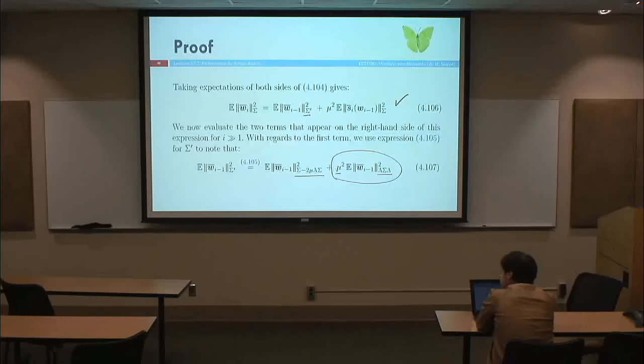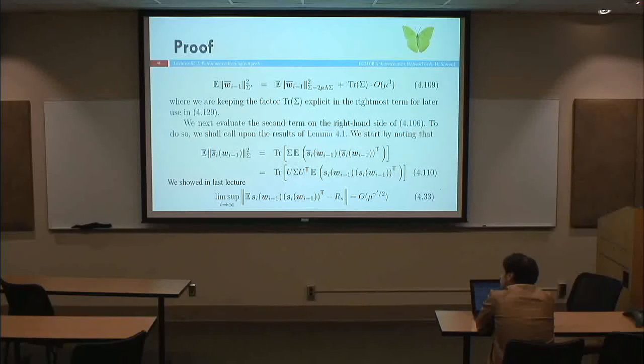So what this says, I can replace this quantity by this, plus a correction term of the order of mu cubed. So that's what I did here. So I can replace it by that plus mu cubed. I'm just keeping track of sigma here, okay? Fine so far?